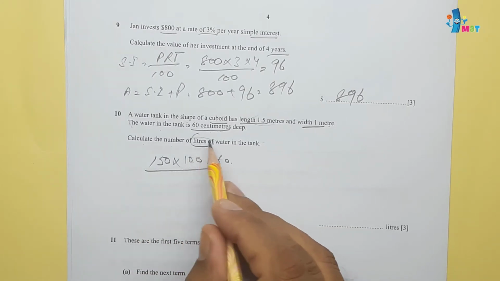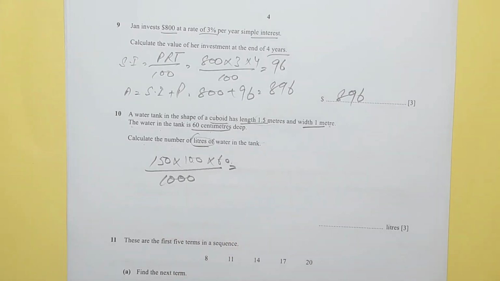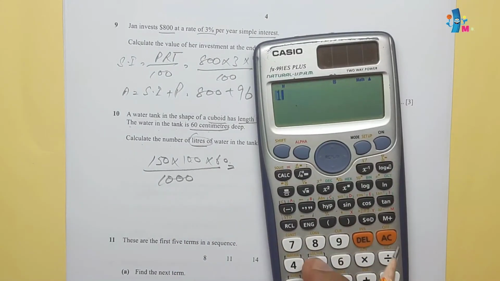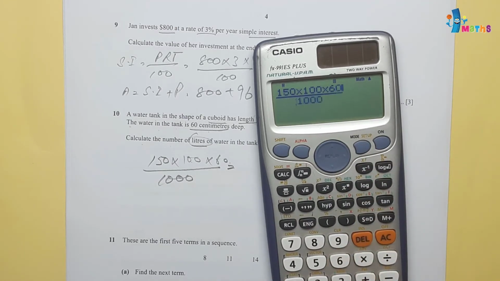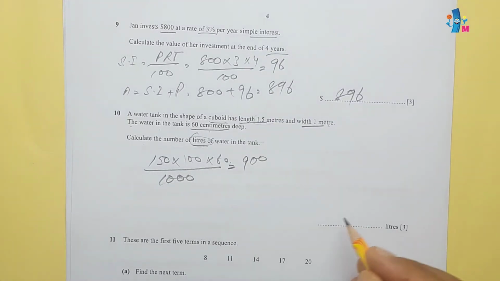Because we want the answer in liters. So 150 into 100 into 60 divided by 1000 will be 900. So 900 liters will be the answer.